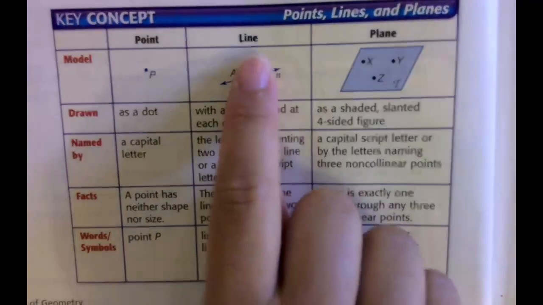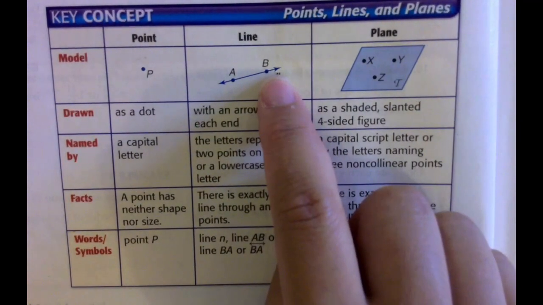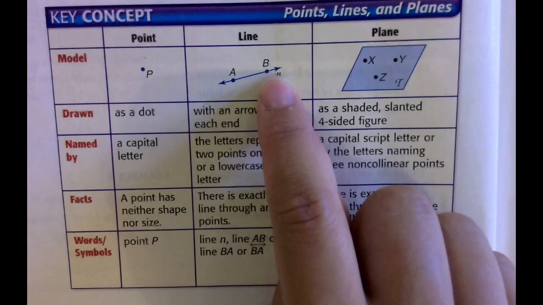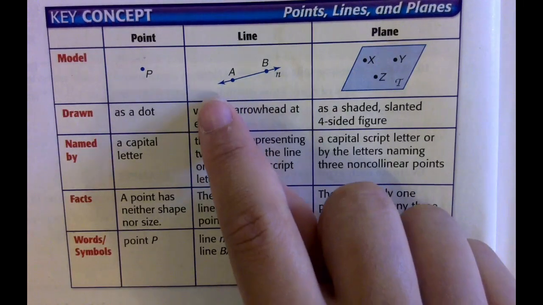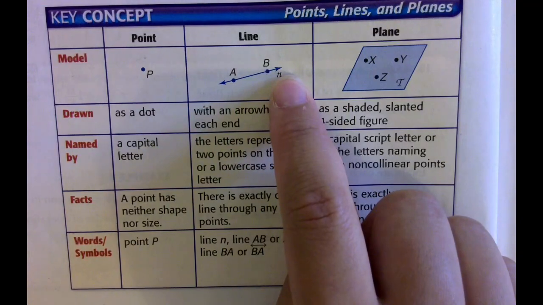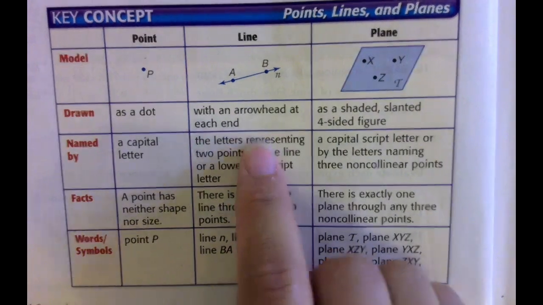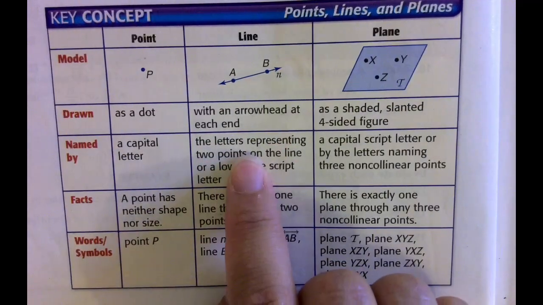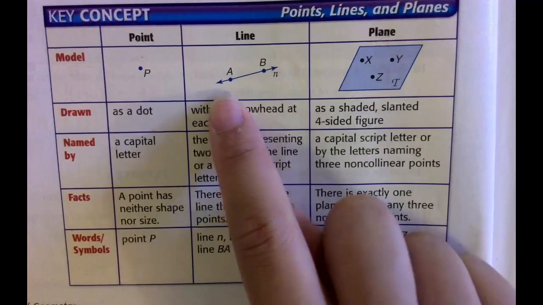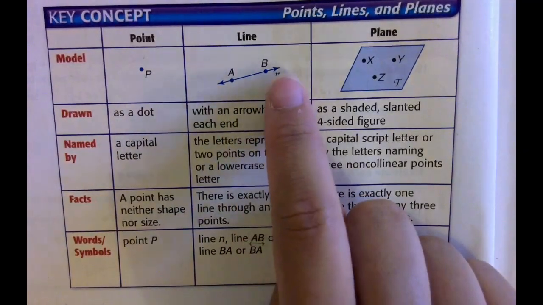A line, you should know what a line is. However, in geometry, to indicate the difference between a line and a line segment, a line should have two arrows at the end, so it's shown with an arrowhead at each end. We name it either by 2 points on the line, so this would be line AB because of the 2 points A and B, or we can do BA.